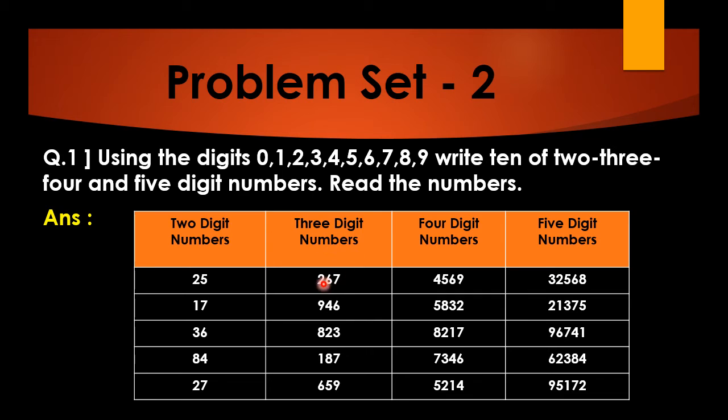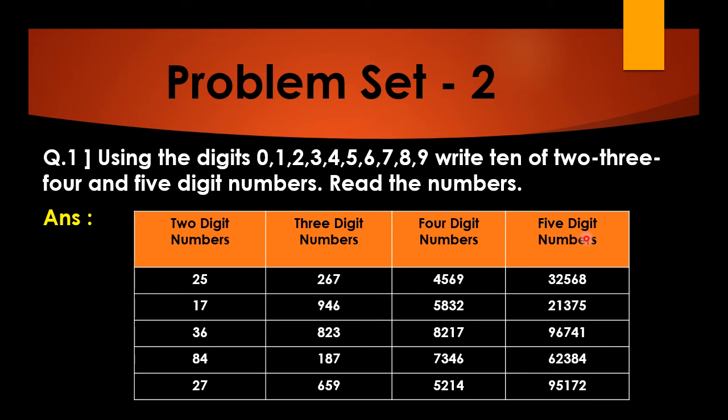Similarly, 3 digit numbers 2, 6 and 7 are the 3 digits in this number. So this is 267. 4 digit numbers 4, 5, 6, 9 are the 4 digits. That means 4569. Likewise, I have given you 5 numbers.